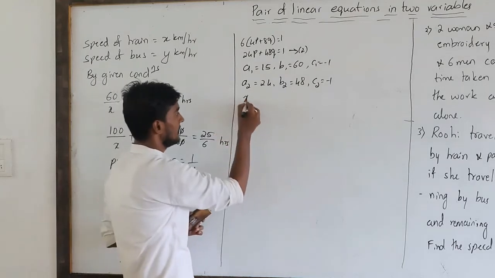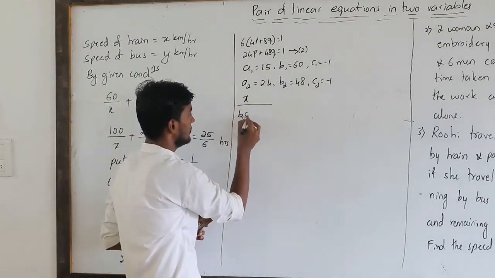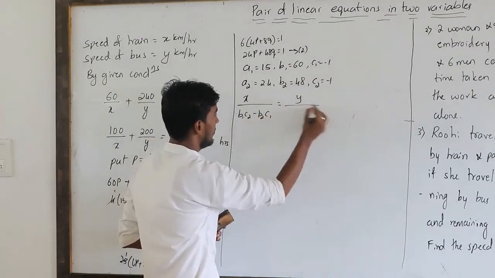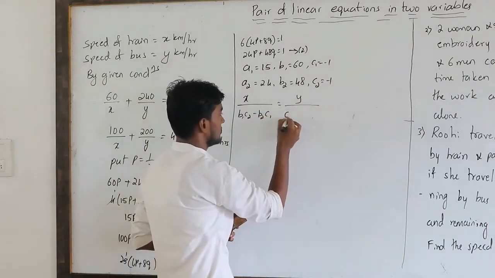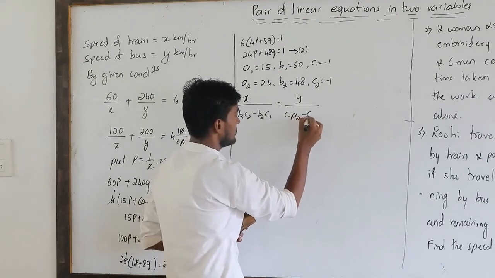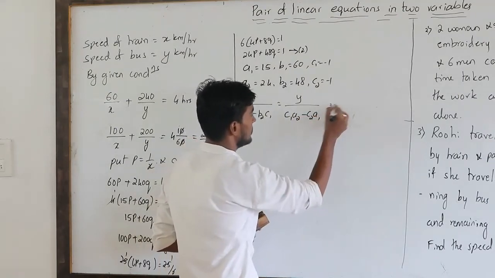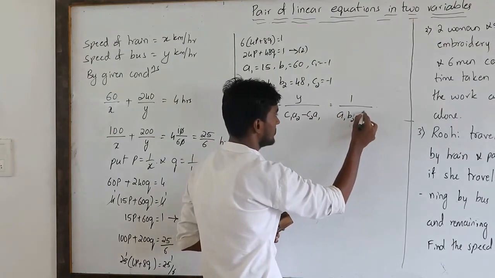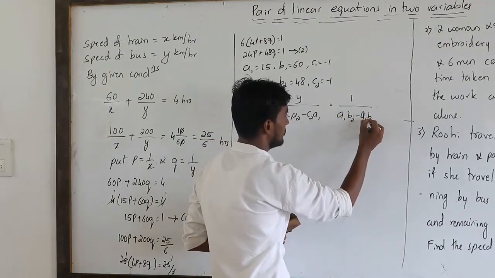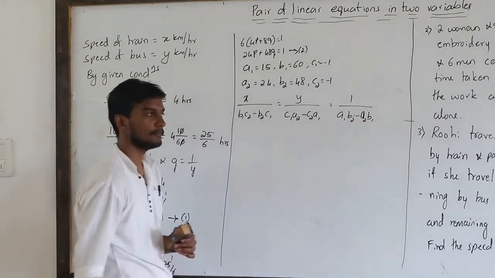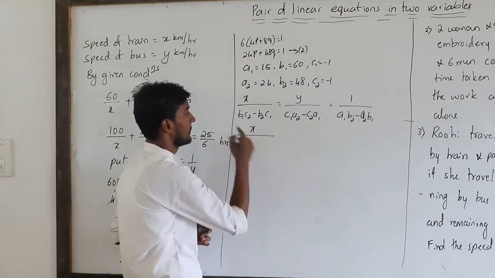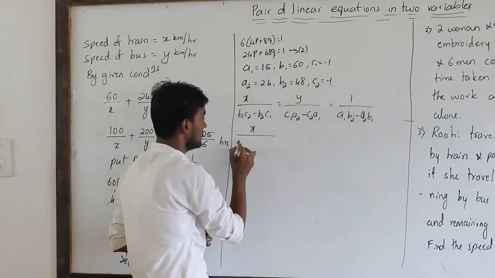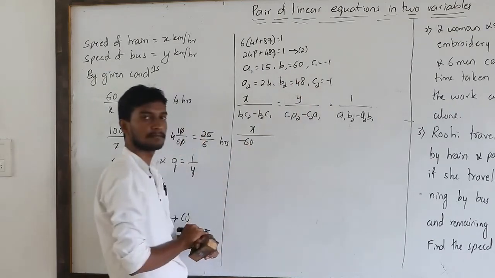So we know the formula, x divided by B1 C2 minus B2 C1, y divided by C1 A2 minus C2 A1 is equal to 1 divided by A1 B2 minus A2 B1. So x divided by B1 C2. B1 is 60, C2 is minus 1, 60 into minus 1 is minus 60.